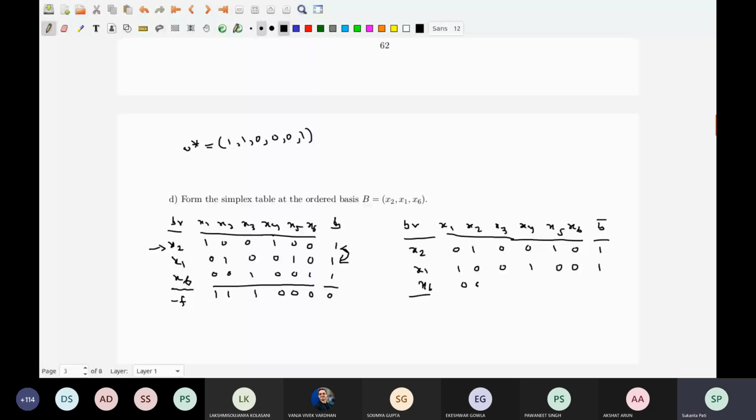And right now I will write the same C that I had written. This is also not the final simplex table. Okay, these are calculations. Right now I am seeing in this table the column below x2 is 1, 0, 0. The column below x1 is 0, 1, 0. And the column below x6 is 0, 0, 1. So I am done half part.